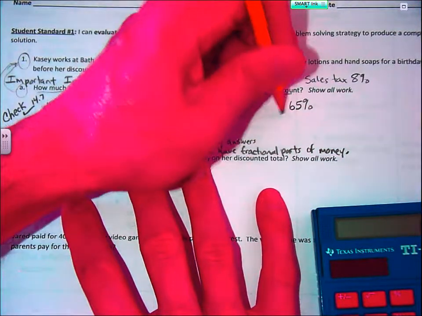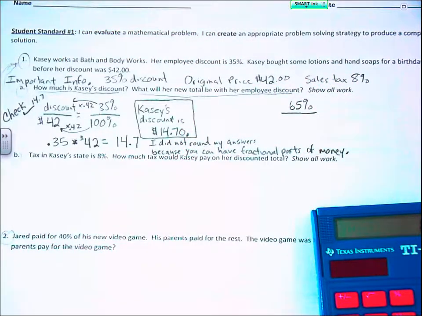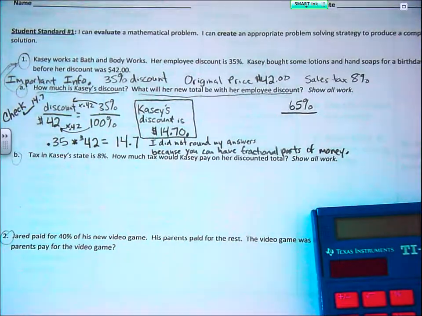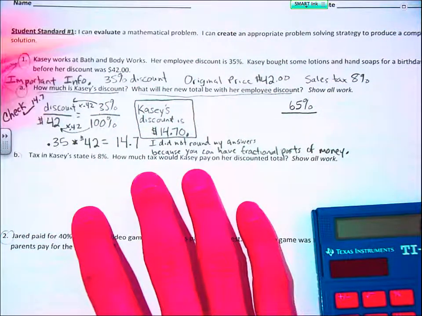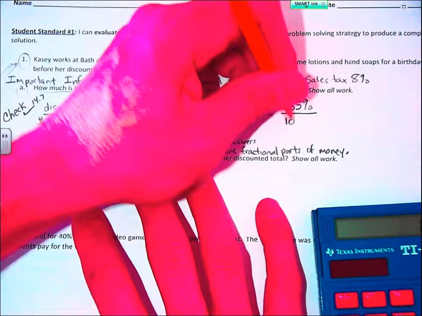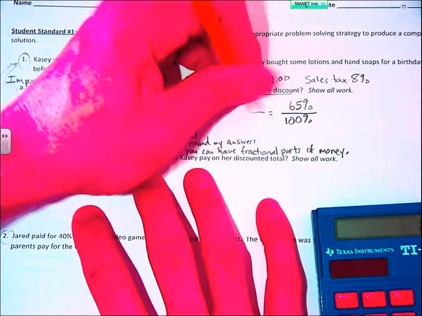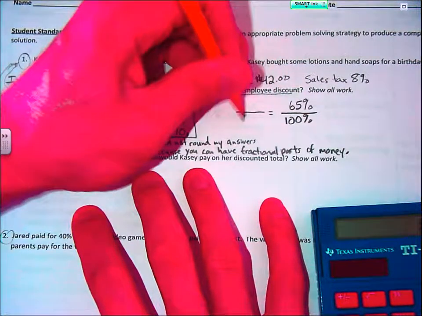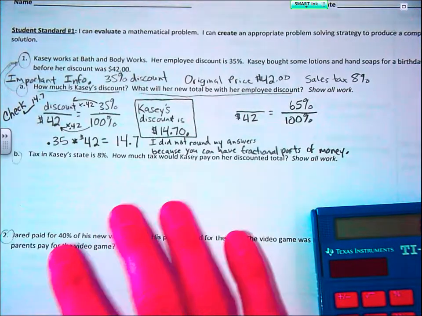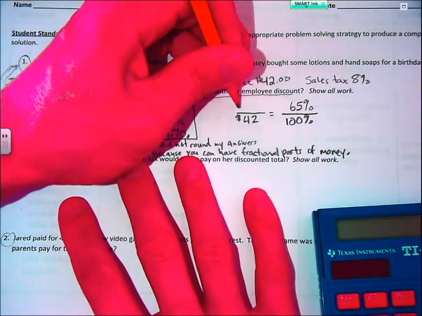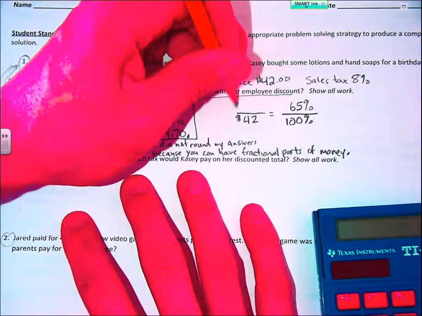If she got 35% off of it, that means 65% is what she would have had to pay. So then I can figure out 65% of the whole thing, and that's 65% of $42. And so this is going to be the discounted total.